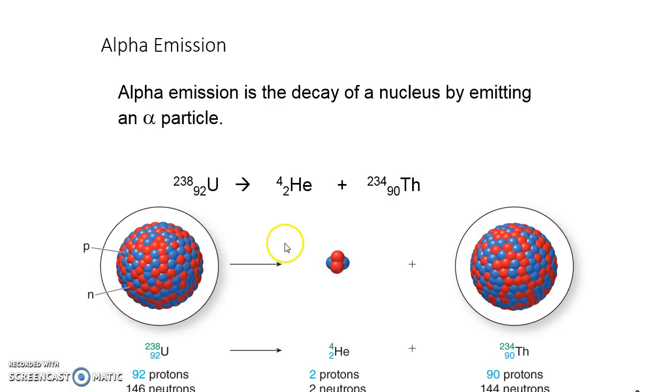Let's see how it balances. There's a mass of 238, so the sum of these masses must be 238. 4 plus 234 is 238. The charge is 92 beforehand. Afterwards, 2 plus 90 is equal to 92.